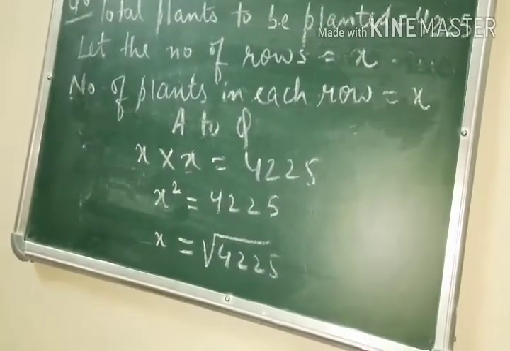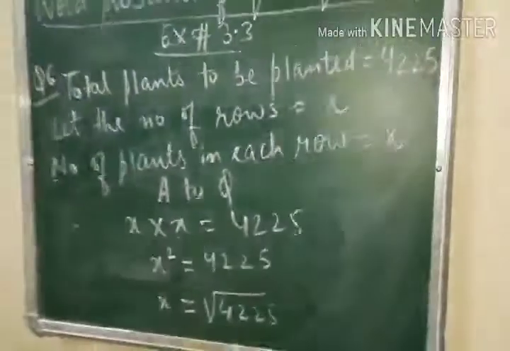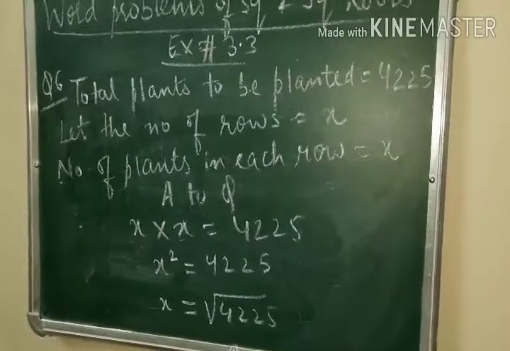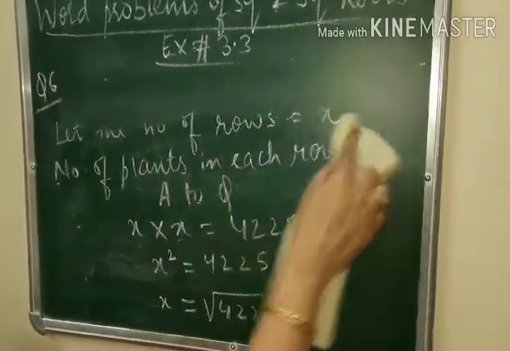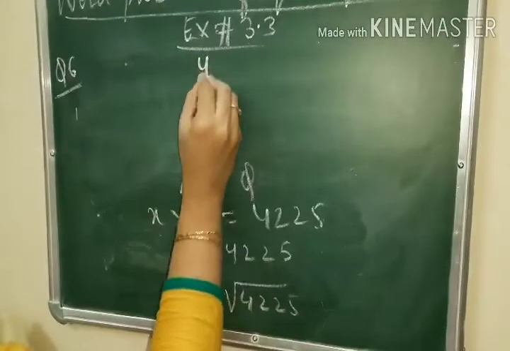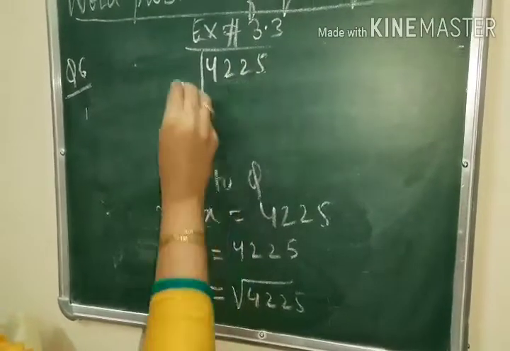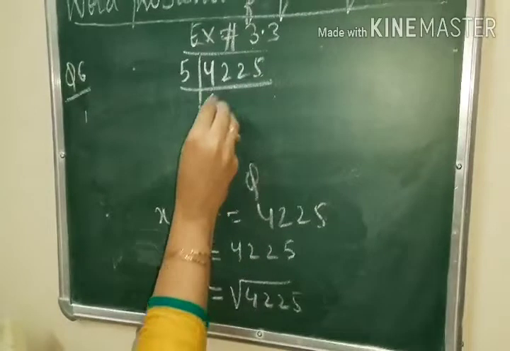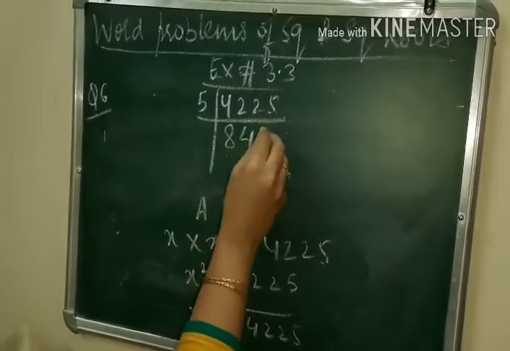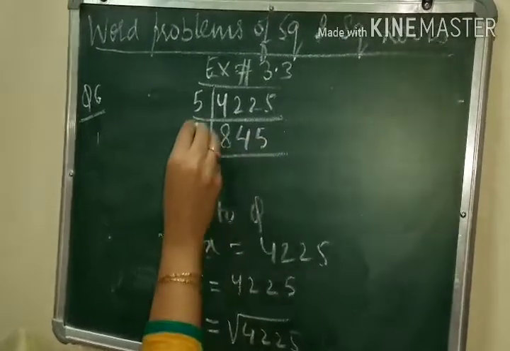Now you have to find the square root of 4225. So we will find the square root. Divide by 5. 5 8s are 40. 2 is left, 22. 5 4s are 20. Again 2, 25. 5 5s are 25.